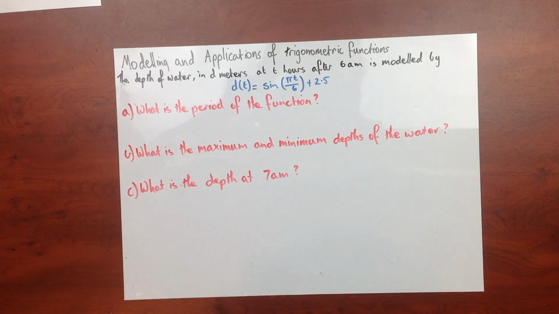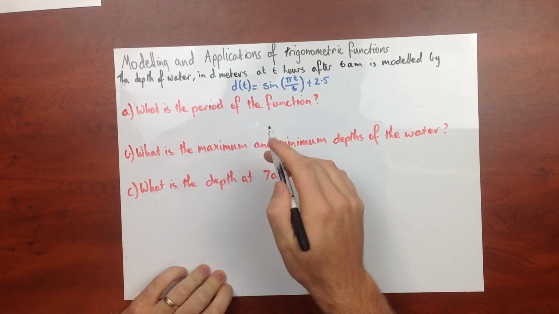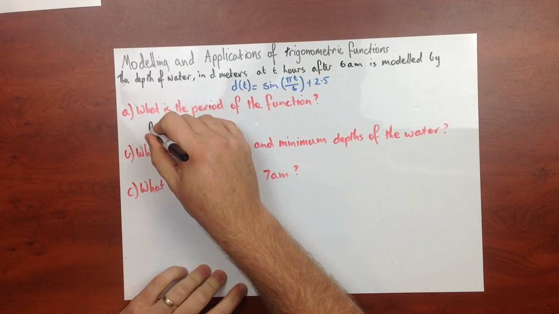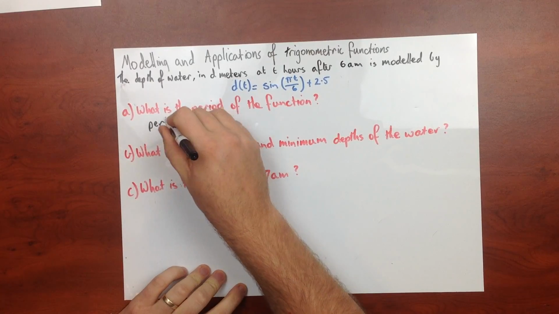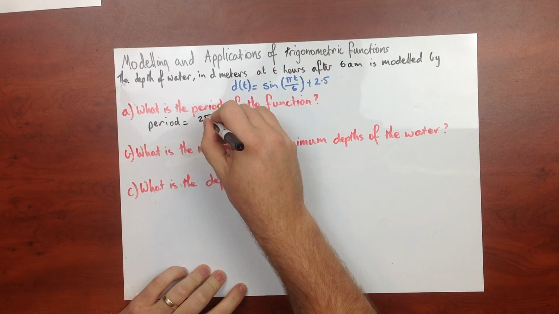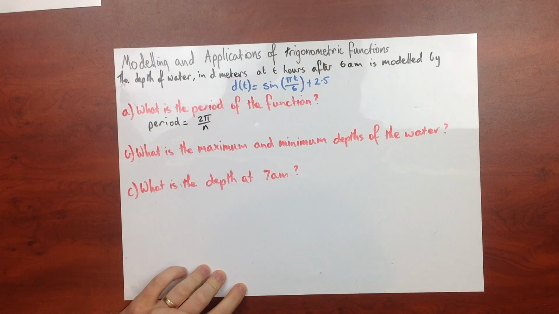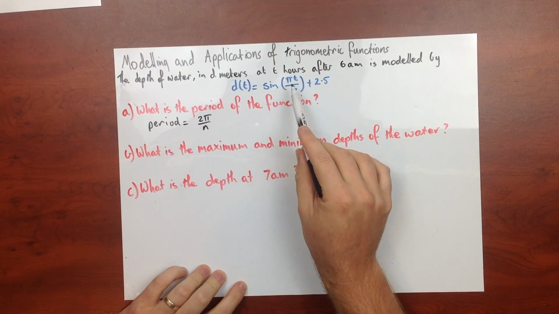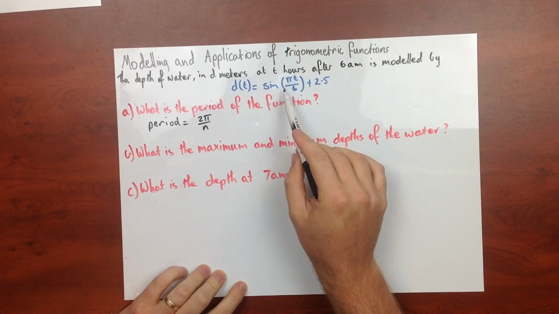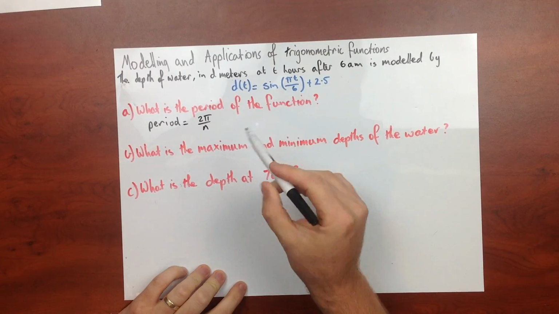So you want to know what the period of the function is. Remember, we have a sine function, so the period equals 2 pi on n, where n is the coefficient of our variable inside our trig function, so it's pi on 6.